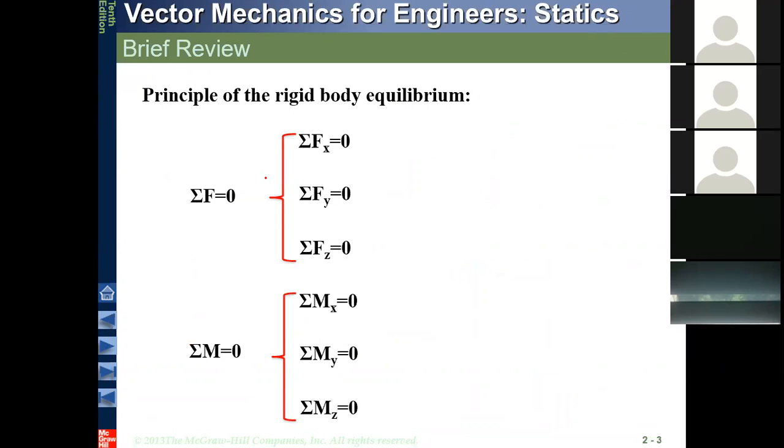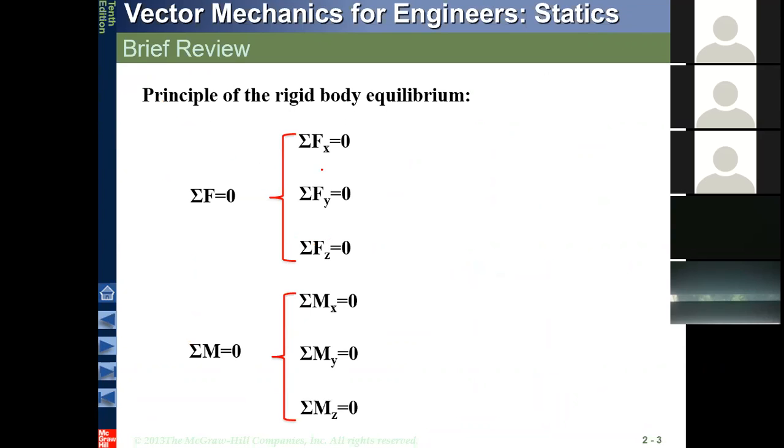So for a rigid body to be in equilibrium, you have 6 equations in 3D case and 3 equations in two-dimensional case. So we can start with the most general one.